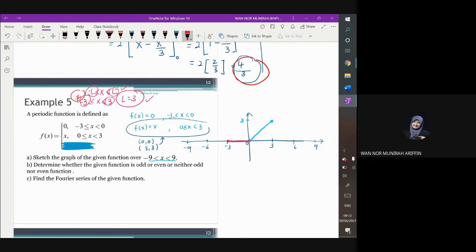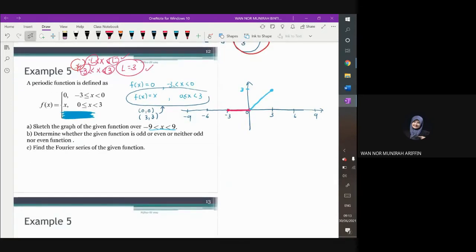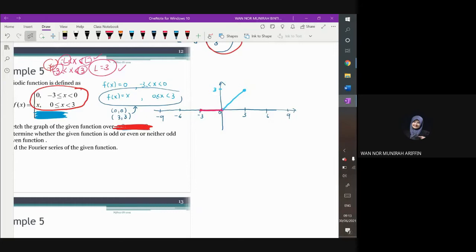So we continue. The first question asks you to sketch the graph of the given function over the interval x from -9 to 9. So eliminate this first, just to avoid confusion, and read it as sketch the graph of the given function. This is your function. From -3 to 0, your f(x) remains unchanged as 0.